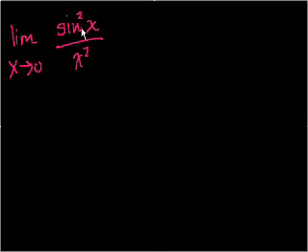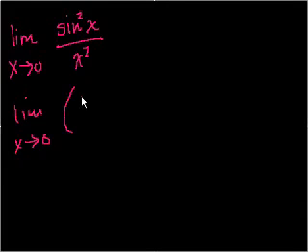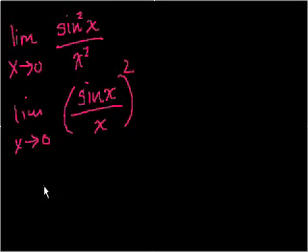Well, this is the same thing as sine of x, squared, over x squared. So this is the same thing as the limit as x approaches 0 of sine of x over x, all squared. If you were to take this out, you'd square the numerator, square the denominator, and you get this.